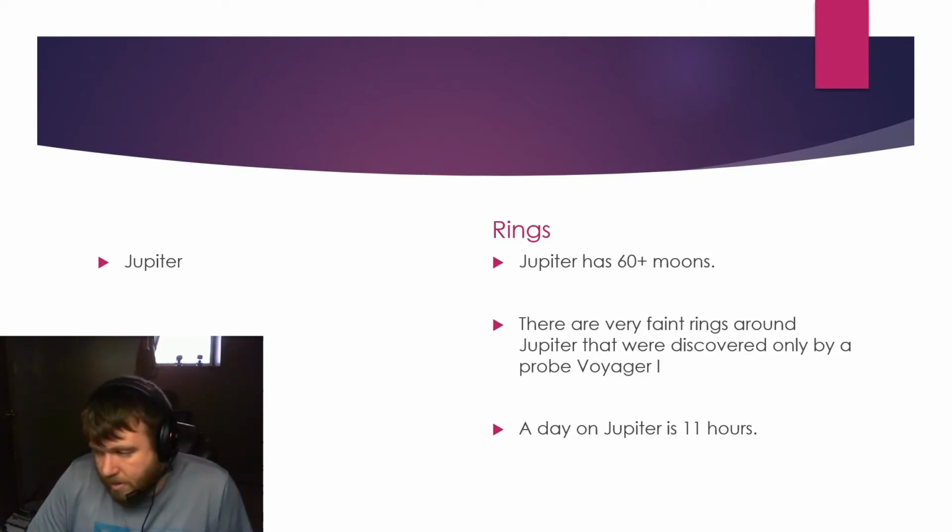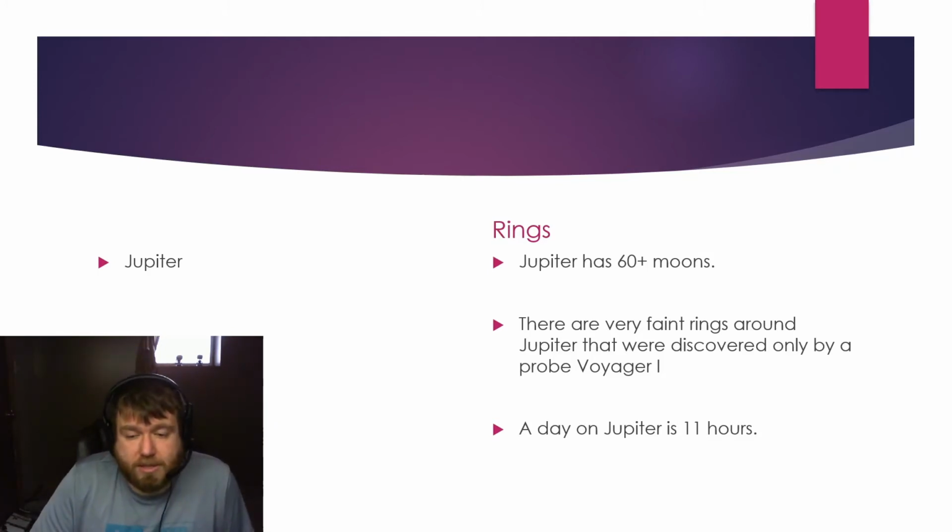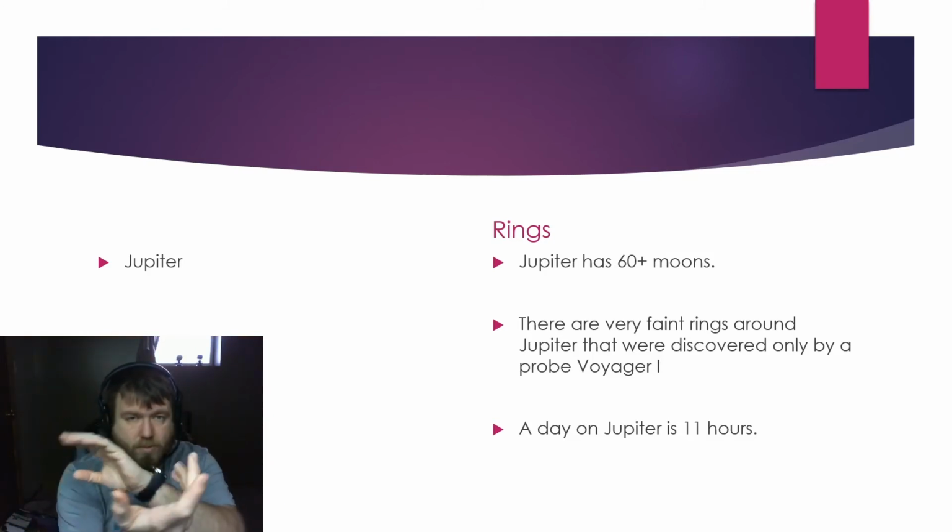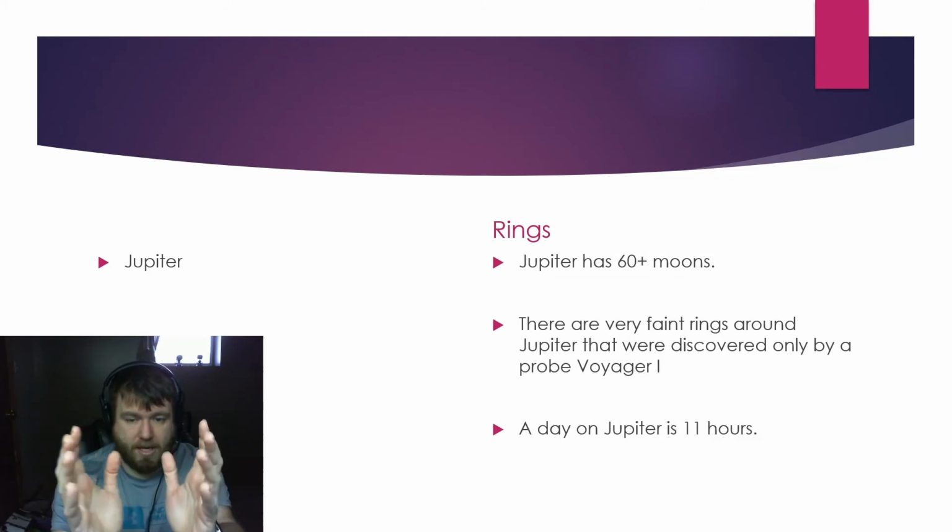So Jupiter is 11 times the size of Earth. So it's huge. It's massive. But it only takes 11 hours for Jupiter to make one full turn. Just 11 hours is all it takes to go from looking straight on to rotating clear around and back again.